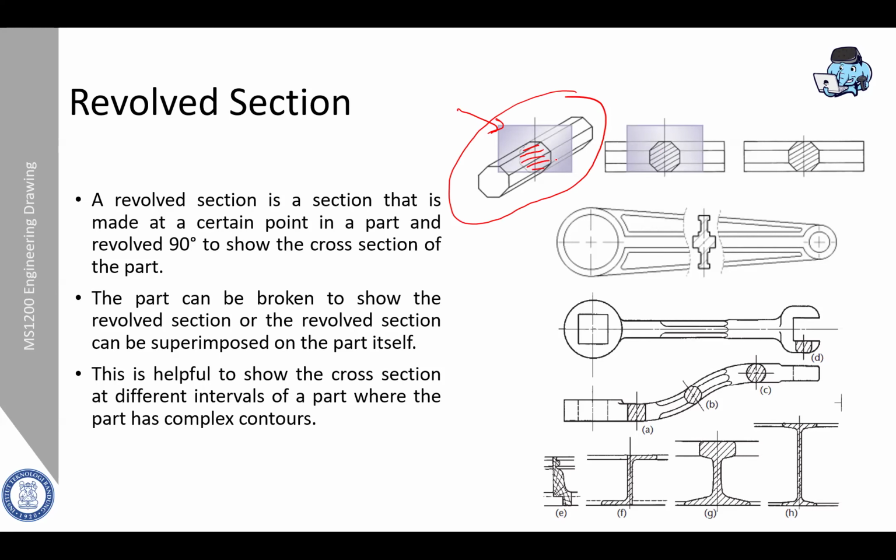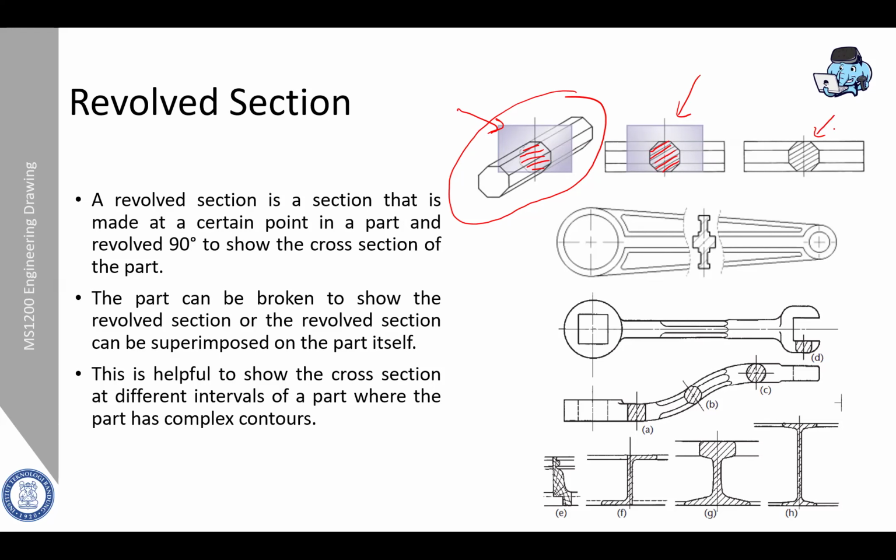So this cross section is revolved 90 degrees, so that it will be shown like this one. So this is basically the section. The section view is actually the cross section of the part, and it is rotated 90 degrees, so that we can represent it like this one, to show the cross section.